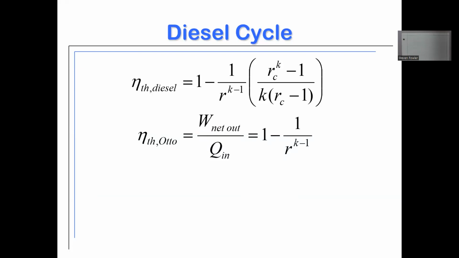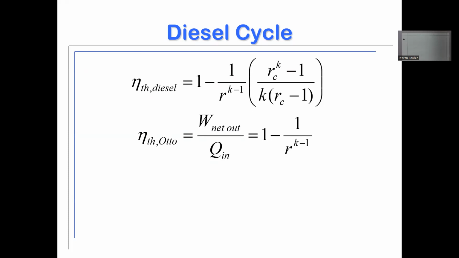If you compare the auto to the diesel cycle, if the compression ratio is the same, the diesel cycle will actually be less efficient. This quantity will always be greater than 1 because the cutoff ratio has a minimum value of 1. So at the same compression ratio, the same r value, if you compare an auto to a diesel cycle, the diesel cycle will always be less efficient.